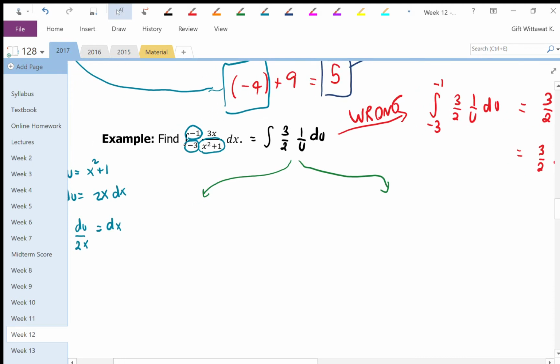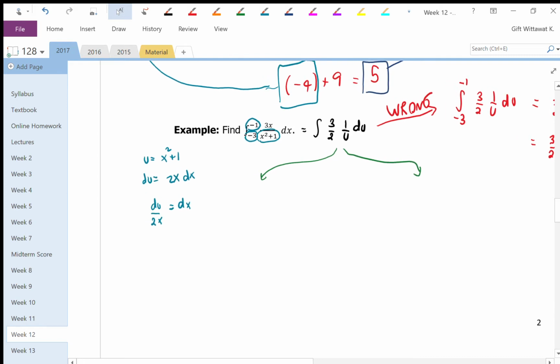And I said there are two ways to do this. Let me show you the two ways. First, you can think that my u is x squared plus 1. So if my x goes from -3 to -1, what is the value of u then?